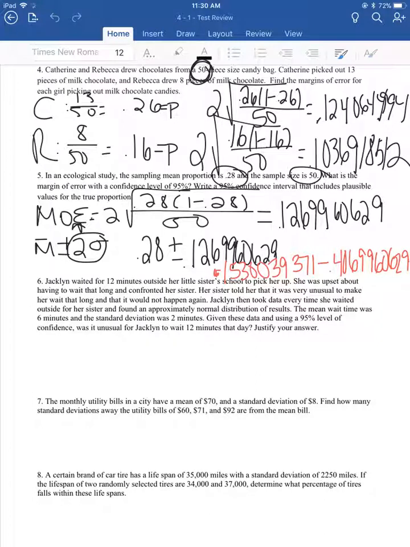And that would be my interval. So this interval here contains 95% of my data. This is kind of like what we were doing for the second question in number 3. 95% represents 2 standard deviations away. And again, 2 standard deviations also represents the margin of error.